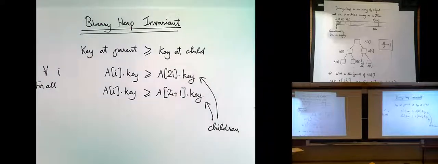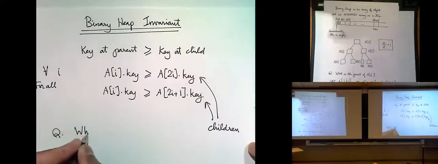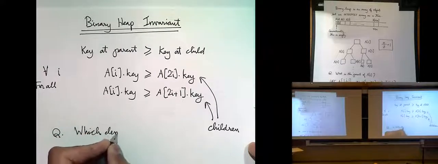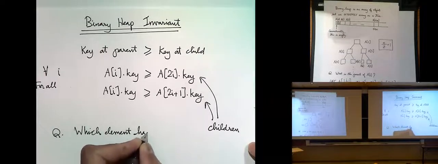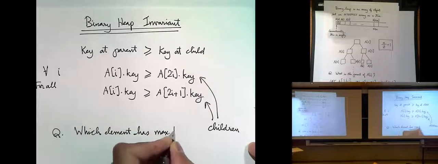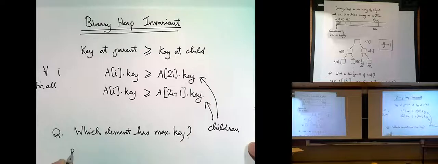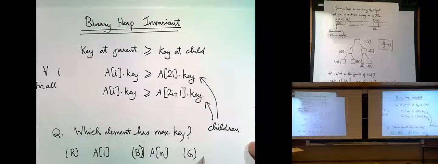So just to draw an example of a heap. Well, before I draw that example, let me ask another question. Which element has the maximum key? Is it a[1]? Is it a[n]? Or is it a[n/2]?